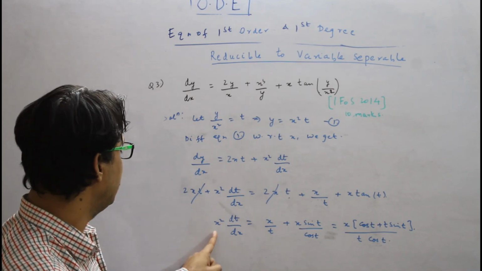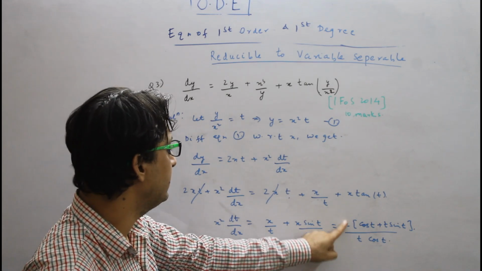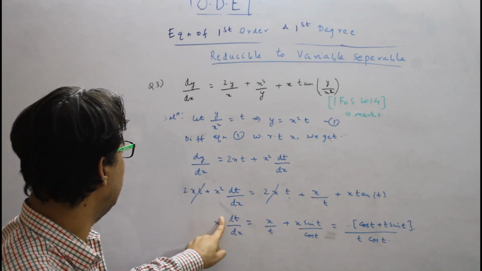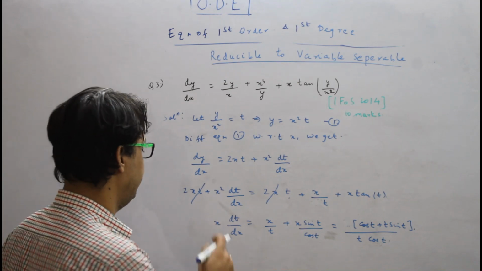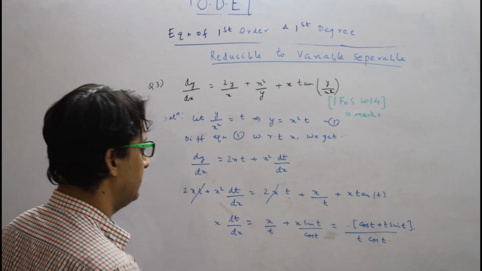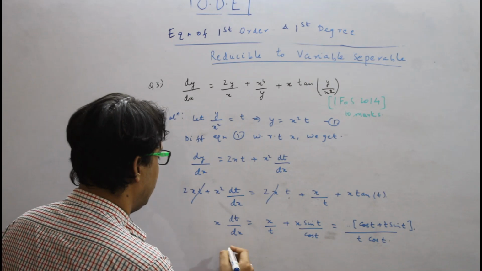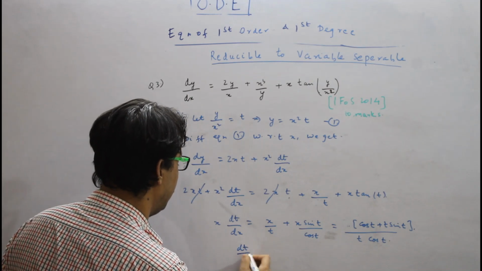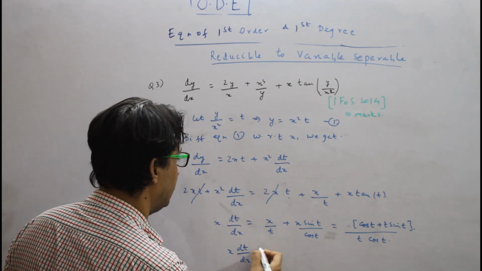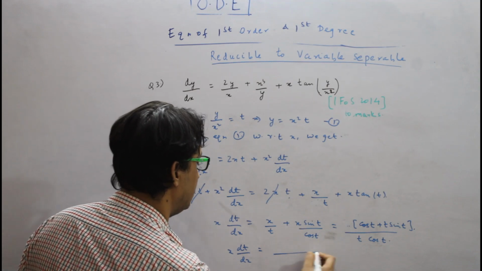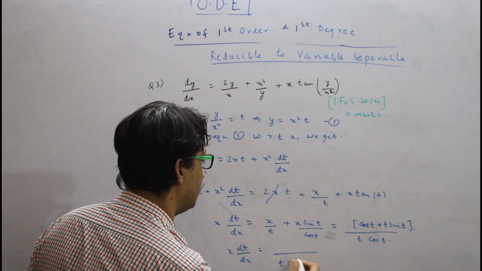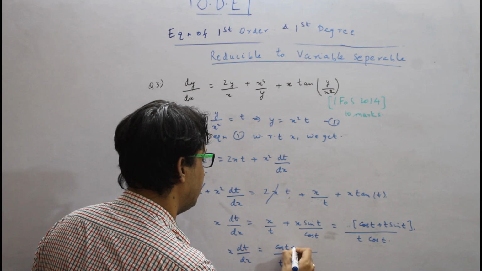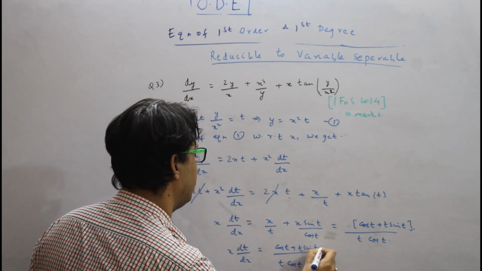Now I can cancel x square from here, so I can write it as x. Okay, so I get my dt by dx x is equal to t times cos t plus t sin of t.